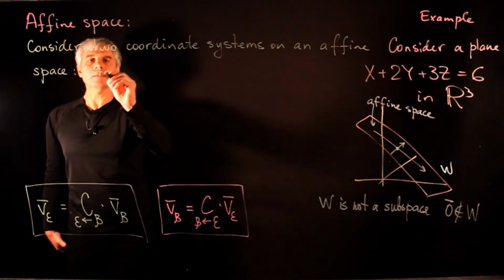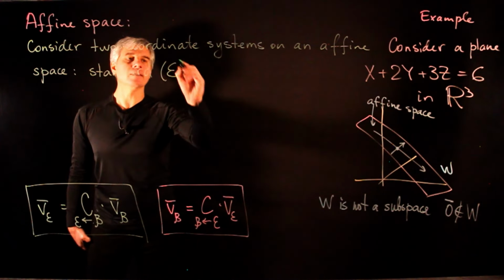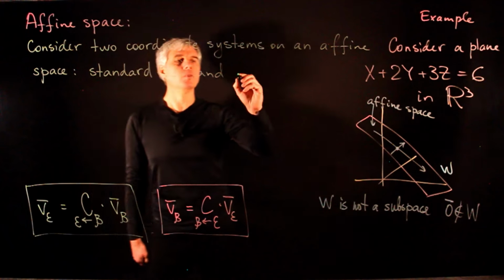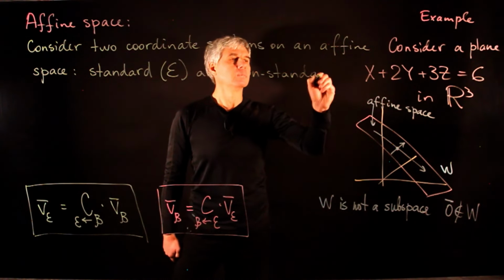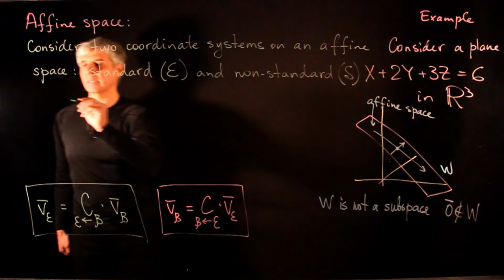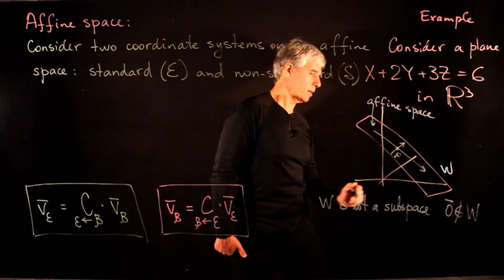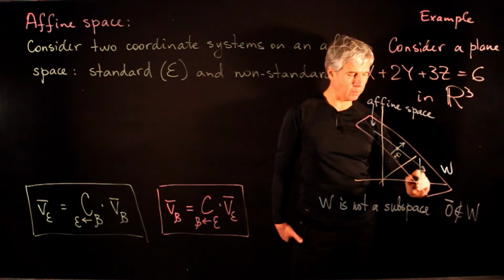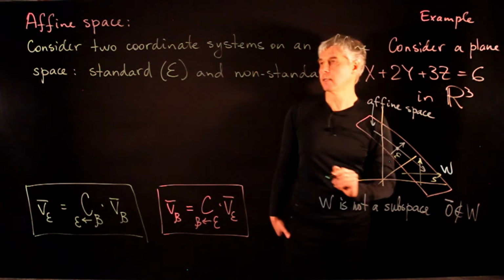So standard, that we call E, and non-standard, that we call S. Then say we have one standard coordinate system E, and possibly we have another coordinate system S on the same plane, right?